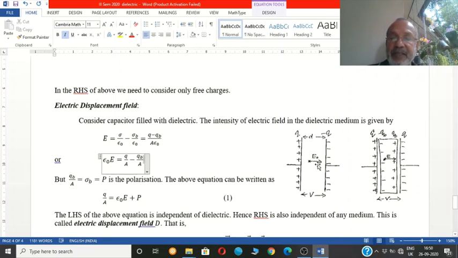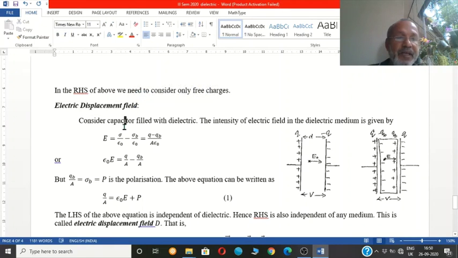Therefore, E is less than E0. So the intensity of electric field depends on the medium, and this electric displacement field is just like intensity of electric field, but that quantity will be independent of the medium.